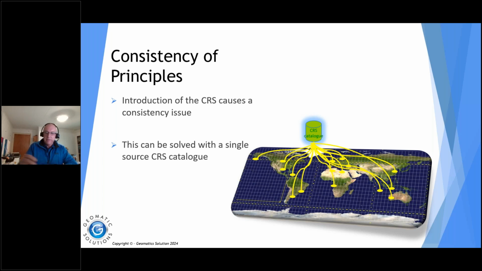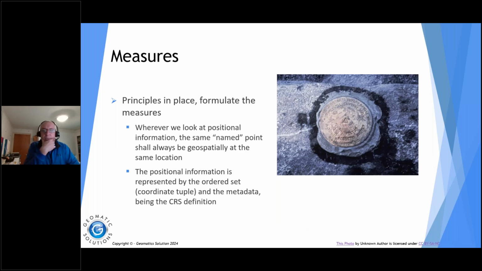Now that we've defined this, let's go back to what I called the measures before and formulate that. So the measure that we are going to look at here is what it says basically: whenever we look at positional information, the same named point shall always be geospatially at the same location.